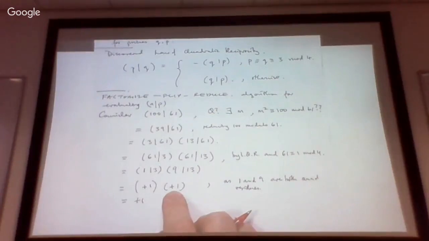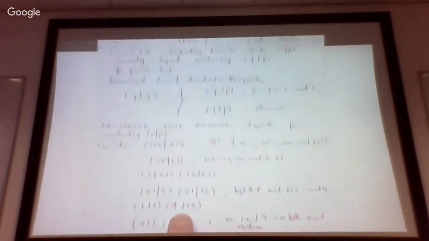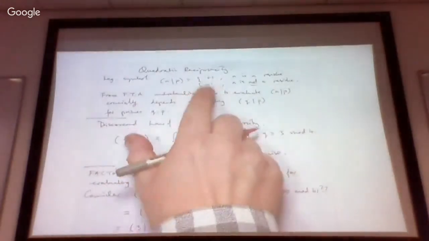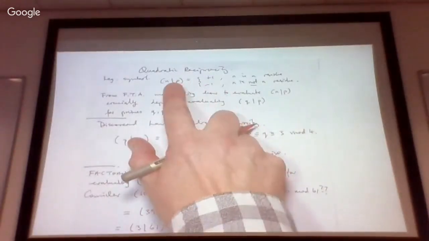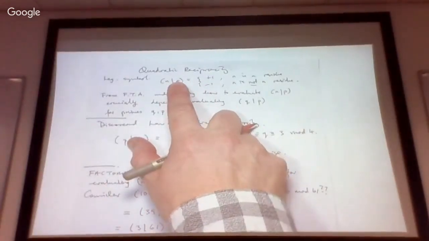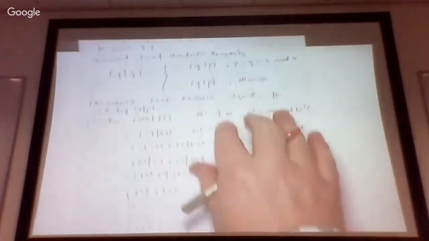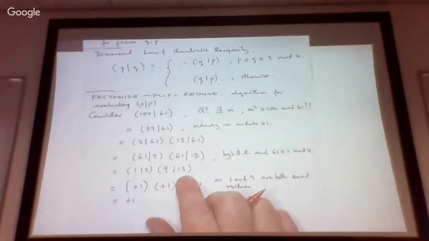So why did you choose plus 1 for the second one? Because remember, what are these Legendre symbols? They are an indicator function for whether n is a quadratic residue modulo the prime. So is 9 a quadratic residue modulo 13? Well, yes, straight away, because 9 is the square of 3.